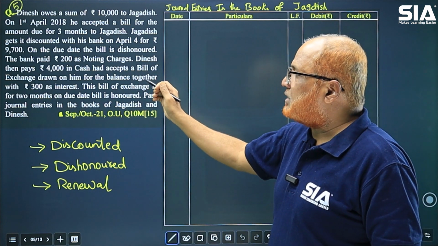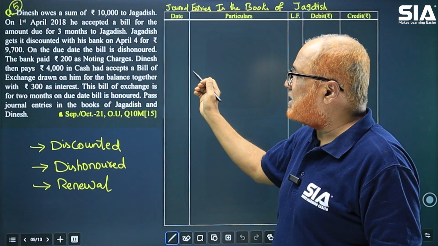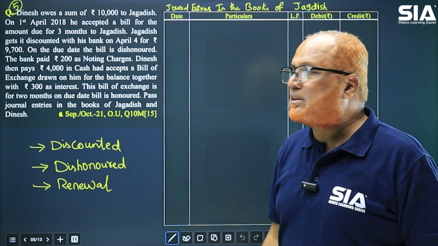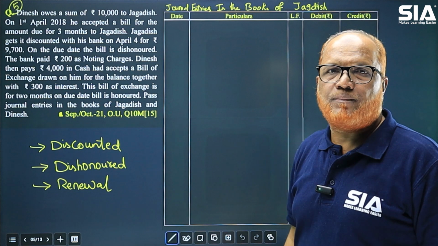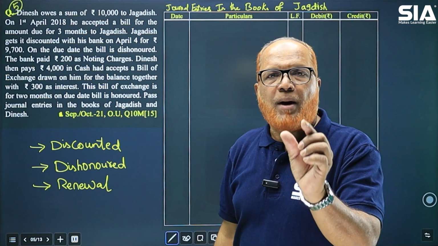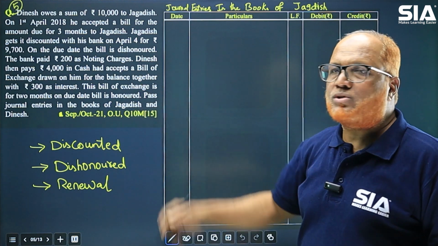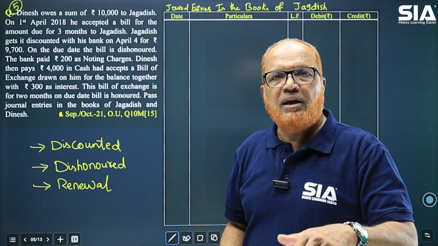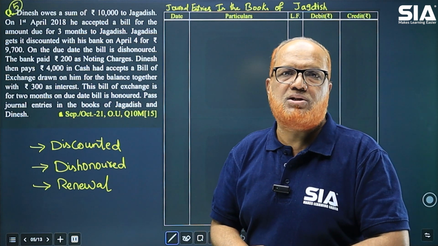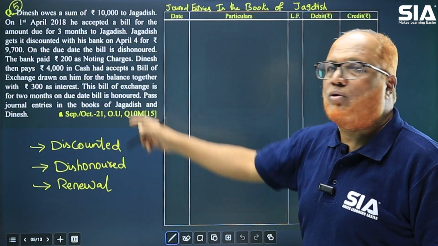Dinesh then pays 4,000 in cash, and accepts a bill of exchange drawn on him for the balance together with 300 as interest. So in this case, a new point has come. That means part amount out of 10,000, 4,000 he paid in cash, and for the remaining 6,000, a new bill will be drawn by Jagdish on Dinesh along with interest of 300 rupees.